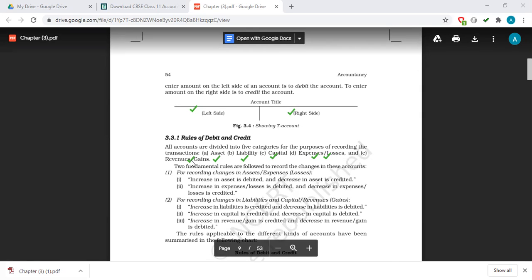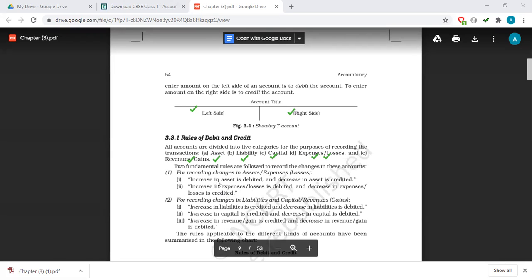For recording changes in assets and expenses, increase in asset is debited and decrease in asset is credited. Obviously, when something is added to your stock, take the example that you have one vehicle and you are purchasing one more vehicle, so your asset increases, so it is debited, and when it is removed, it is credited. Increase in expenses is debited and decrease in expenses is credited.